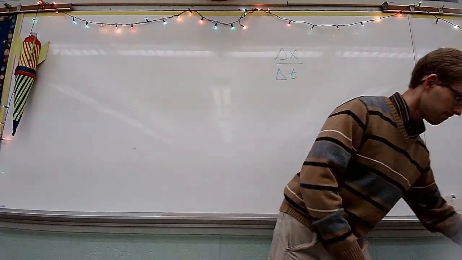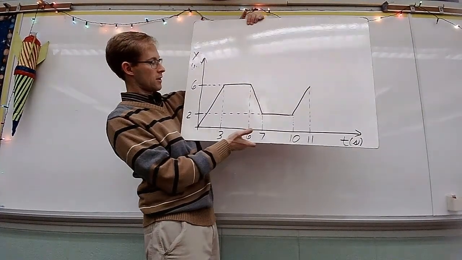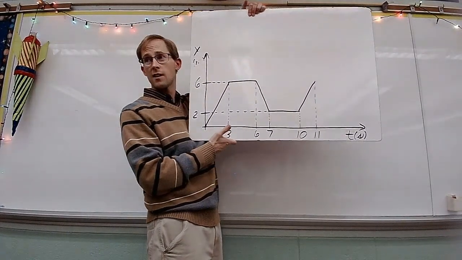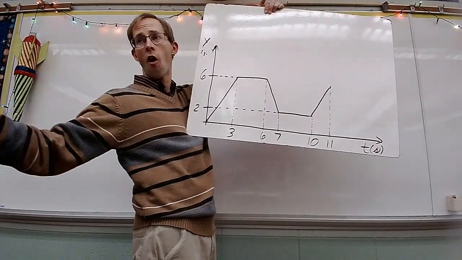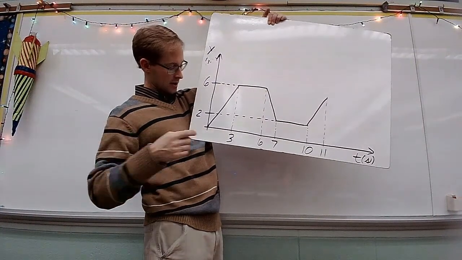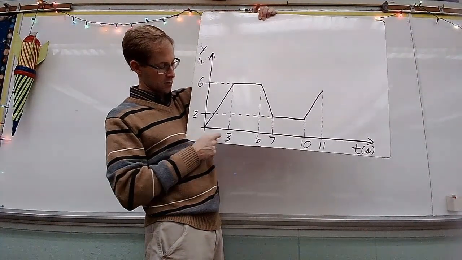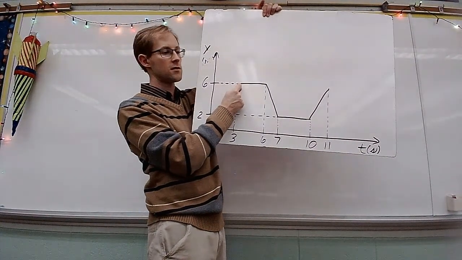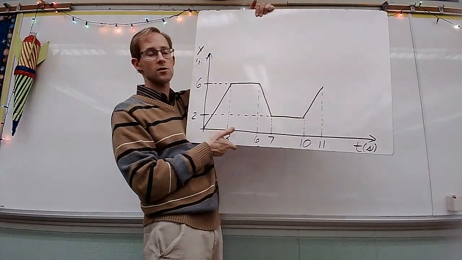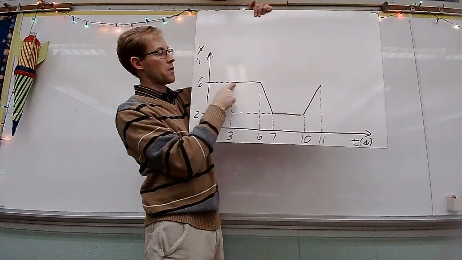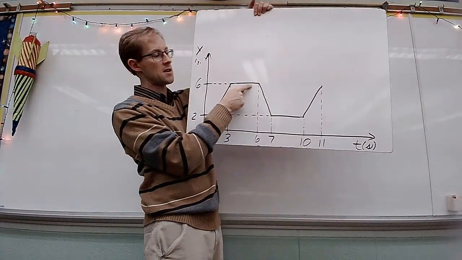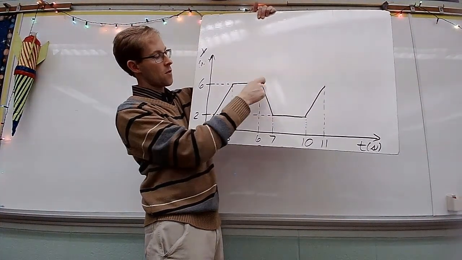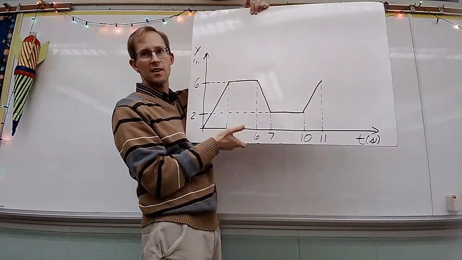So, just by looking at it here then, if I want to calculate the average speed, I got to add up all of the different distances here. From 0 to 3 seconds, we go 6 meters. So that's why 6 meters is in the first absolute value sign. And then we don't go anywhere, which is why 0 meters is in the next one. Then we go from 6 to 2, so that's like -4.